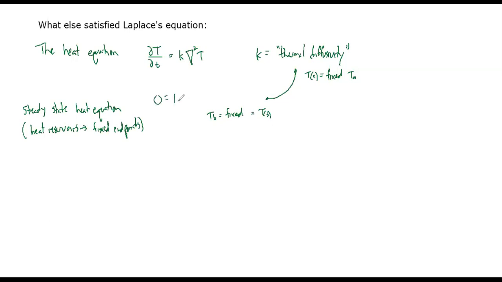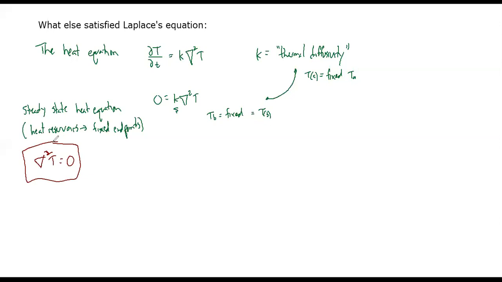Is this. And you know what? In steady state, we don't even really care about K. So the steady state heat equation is Laplace's equation. Okay. And honestly, that's the physics.